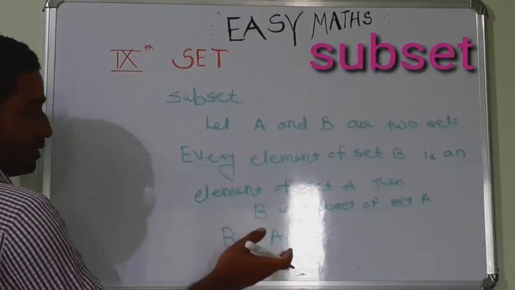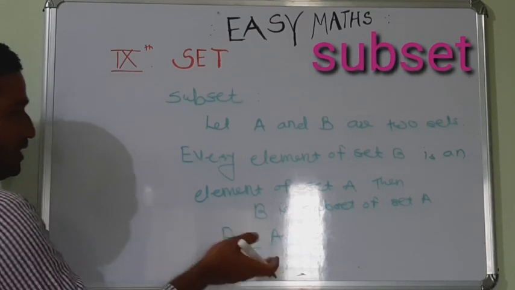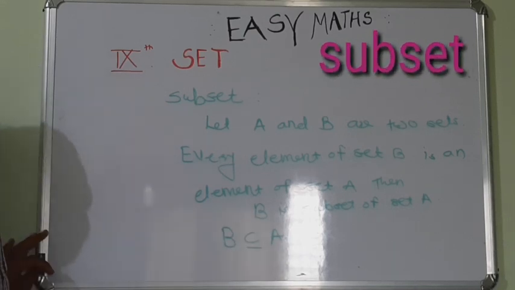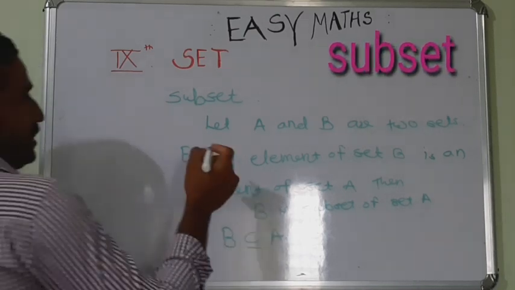And these two sets are represented by a Venn diagram.